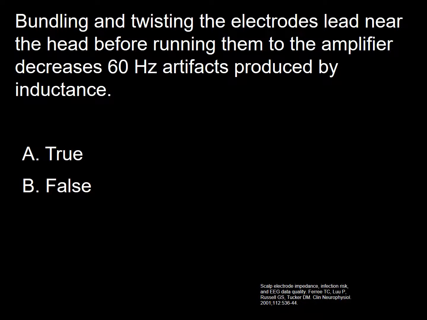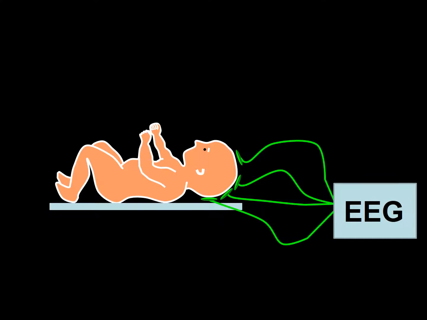Next question. Bundling and twisting the electrode leads near the head of the patient before running them to the amplifier decreases 60 Hz artifact produced by inductance. A true, B false. When the electrodes running from the patient to the EEG machine are far apart, they are exposed to different magnitudes of magnetic forces, which will produce different values at the amplifier.